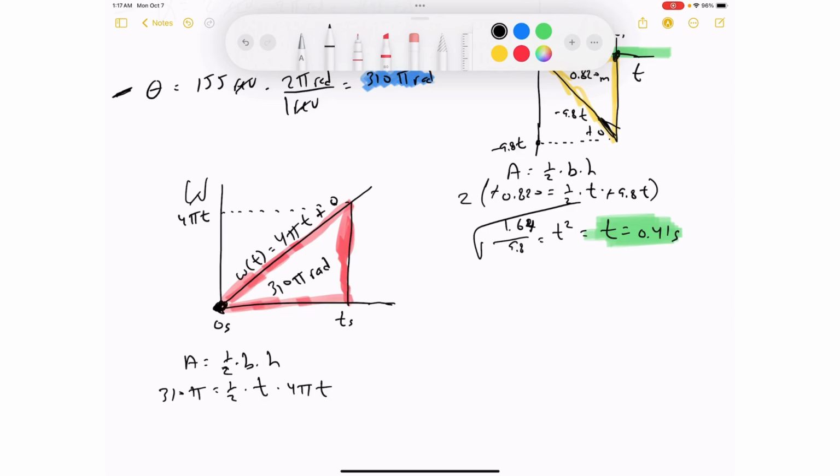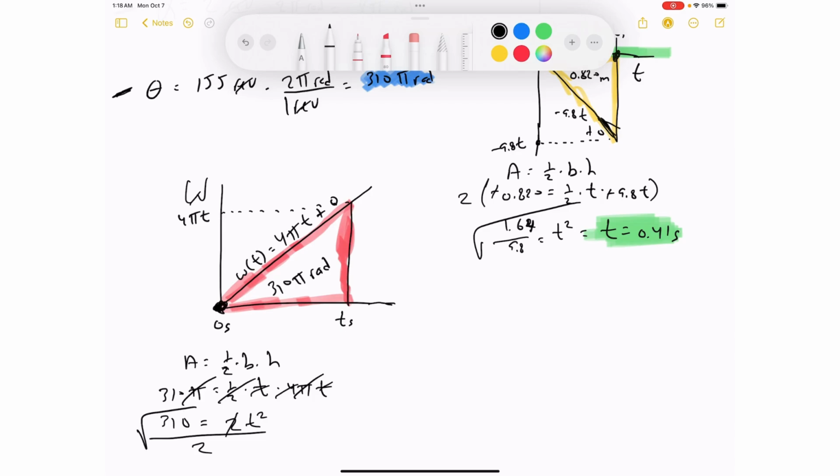And what you could do is you have pi on both sides. You could imagine dividing by pi, and so you get rid of that pi here. And then there's a half over here, and then there's a 4. So half of 4 is 2. And then you have a t and a t, which becomes t squared. And then over here you have 310. 310 equals 2t squared, and then you just divide by 2, get rid of the 2 over here, and then you can take the square root.